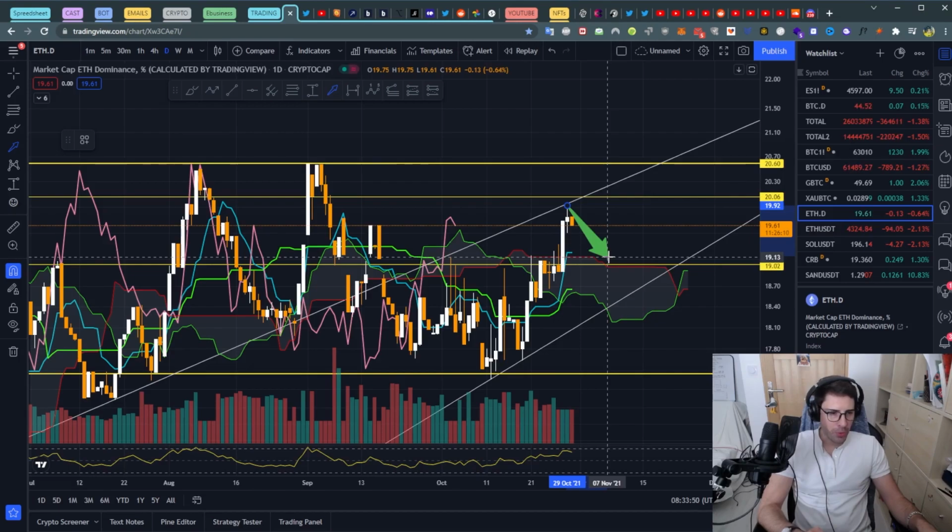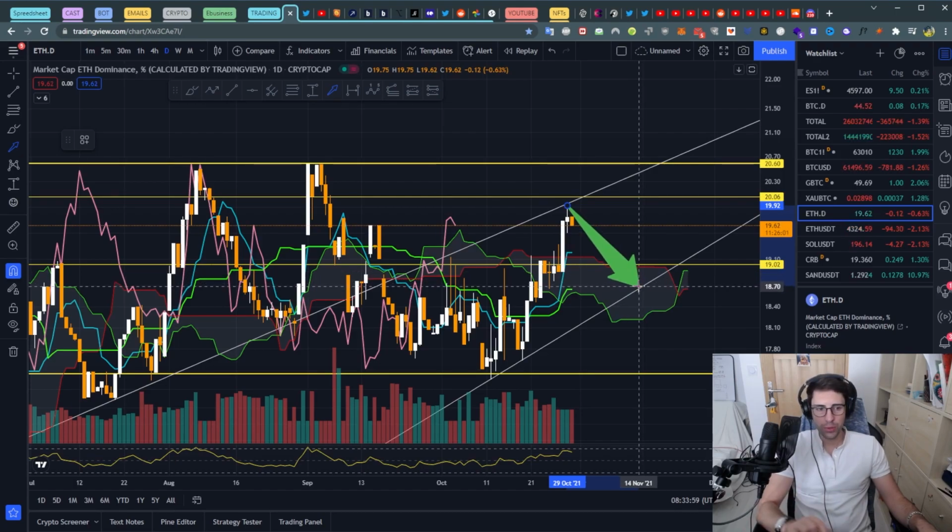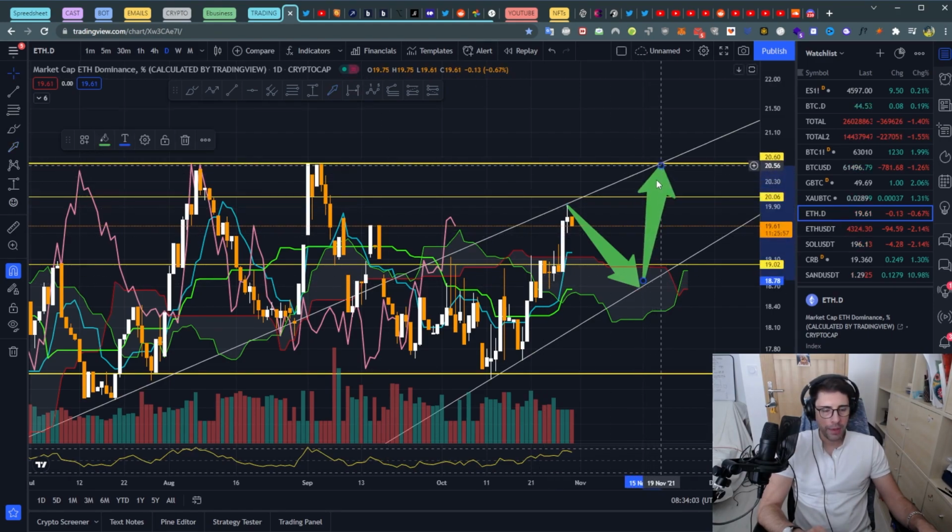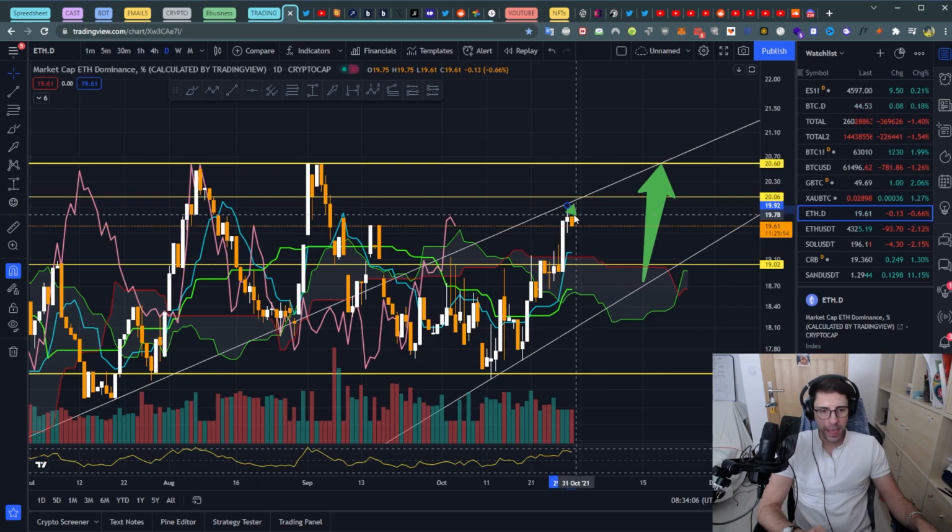It might stop around the 19.13 or this resistance, and worst case scenario go all the way down to our other trend line, which will be a price support for us, and then we might see our run coming up after that.